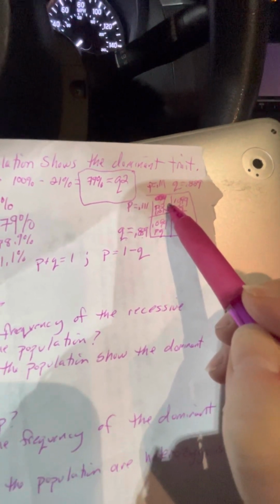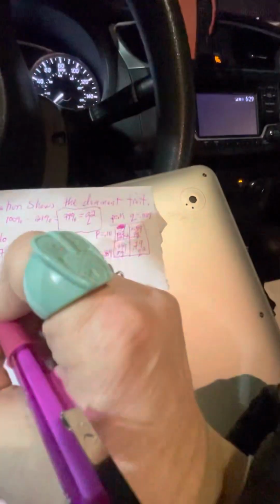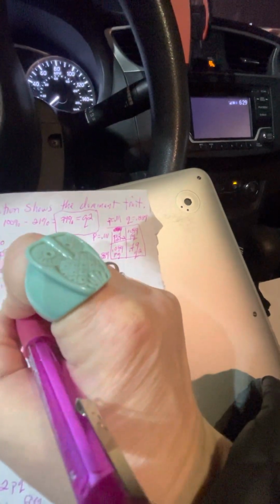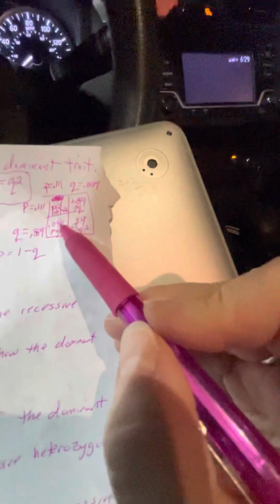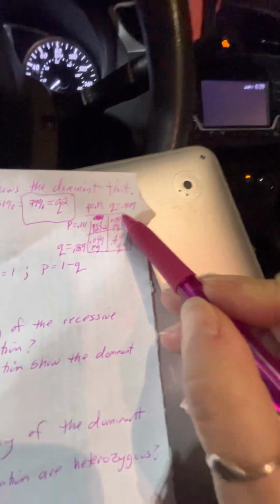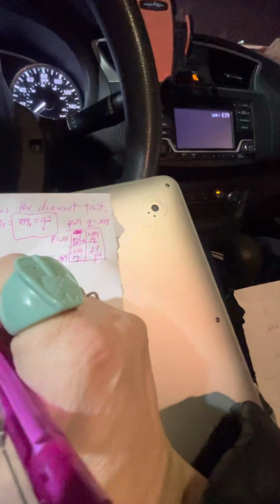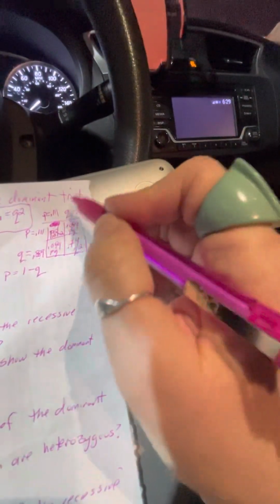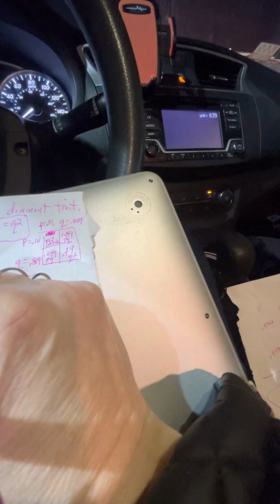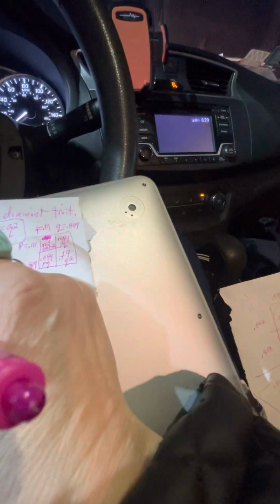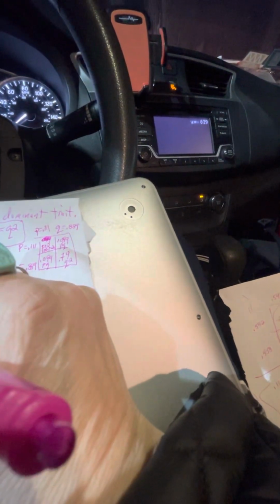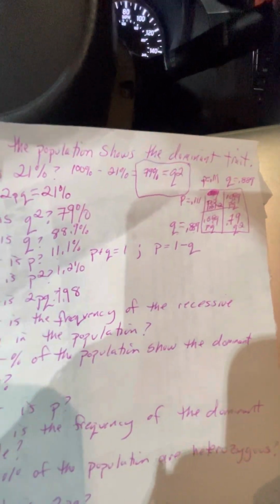I times that by 100%, and I get 1.2%. Now remember, 2PQ, I'm going to add these two together. When I add my 2 PQs together, I get 1.98%.